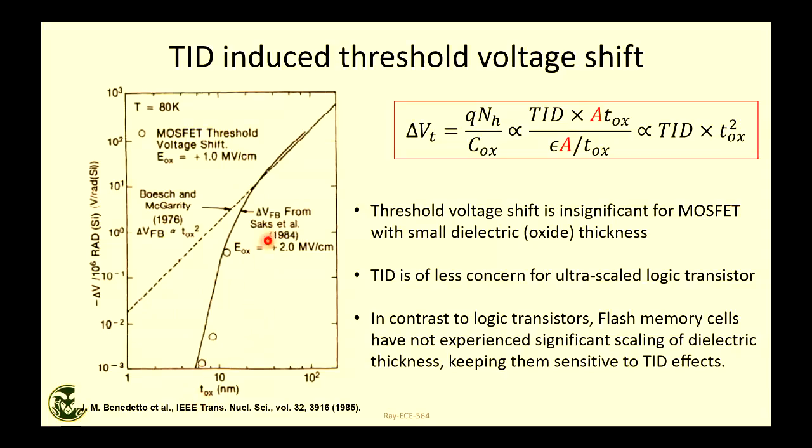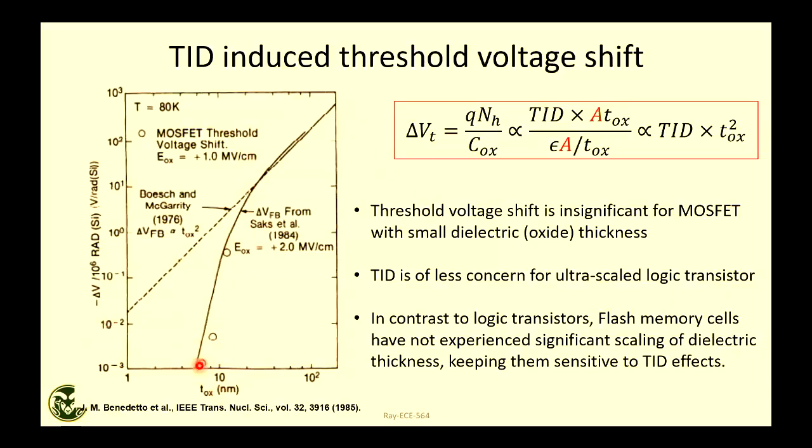So the reason is this equation does not include that holes will escape. This equation just tells you this is the number of electron hole pairs generated and this is the fraction. But as you make things very, very small, both electron and hole can escape as if nothing has happened. That's why it doesn't follow this theoretical prediction after certain thickness.